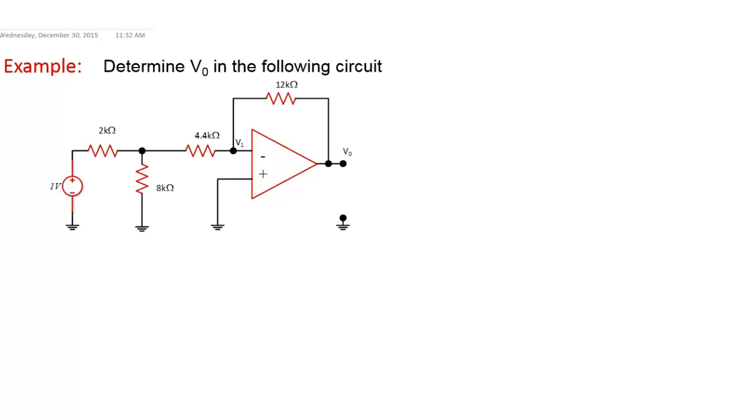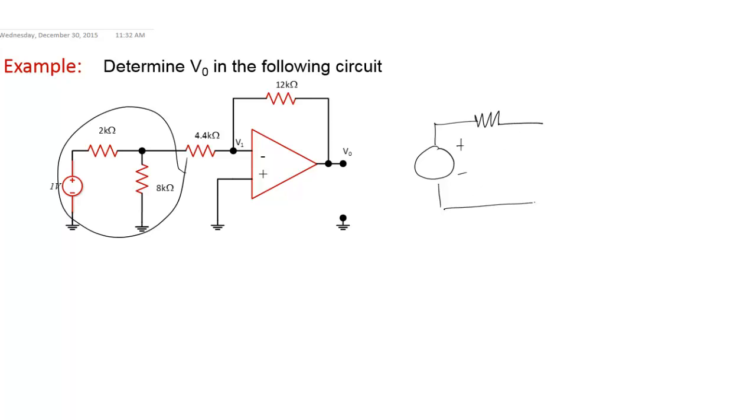So in order to solve the problem meaningfully, we should do some circuit reduction, which means we should simplify a part of this circuit. Here this circuit is simplified into a very simple voltage source in series with a resistor, and then the whole problem can be greatly simplified.